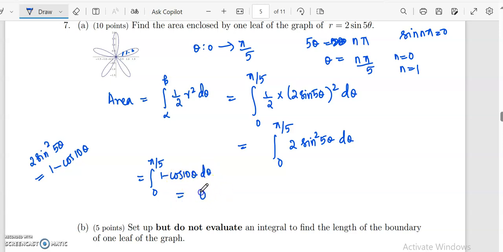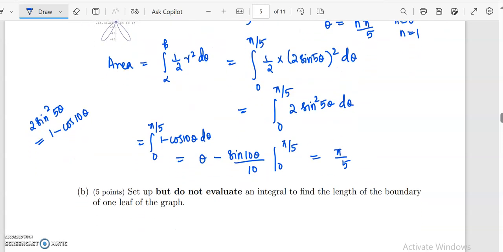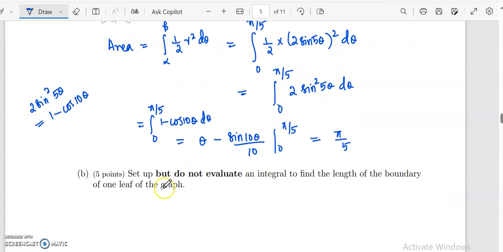Upon integrating, we will get theta minus sine 10 theta by 10 from 0 to pi by 5. For the theta portion, we will get pi by 5 minus, now sine 10 pi by 5 will be sine 2 pi, which is 0. At 0, all the values will be 0. So pi by 5 will be the required area.